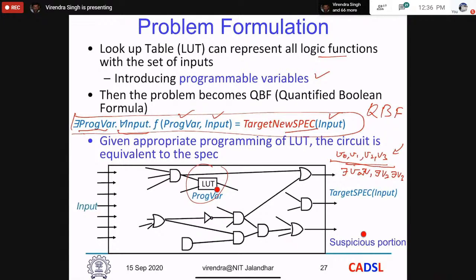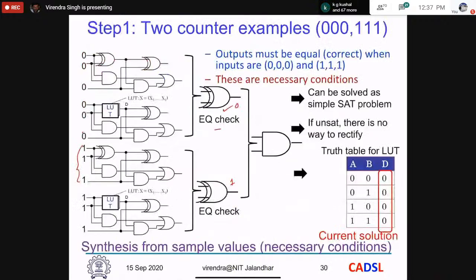Now I fix this input, so I'm interested only in one input. Then this quantification is already gone because I'm interested only in one. Now I want to see whether there exists some variable for this particular input which can give me the correct output, and the correct output is coming from this circuit, right?